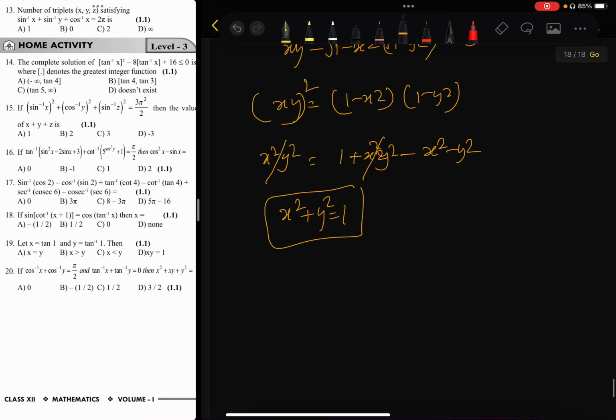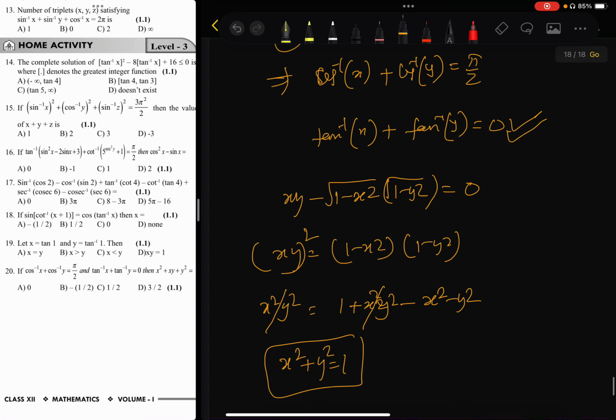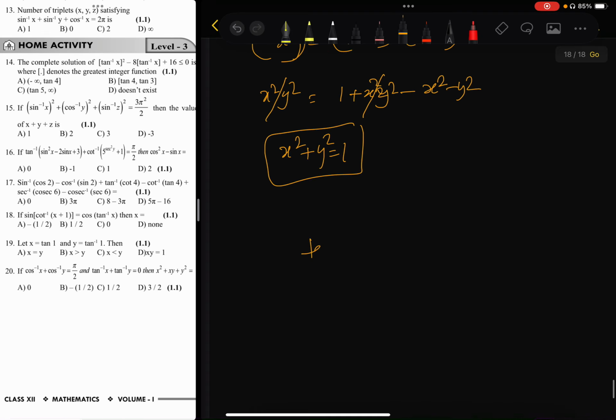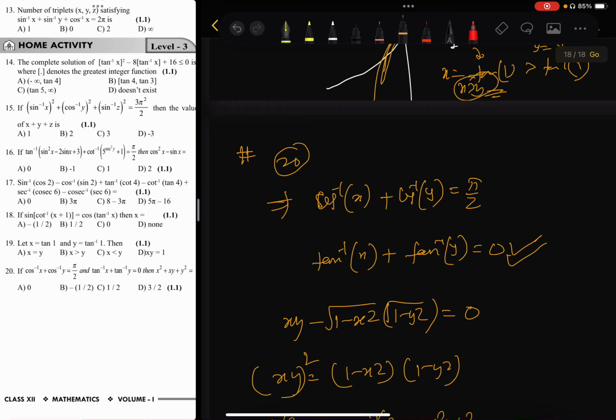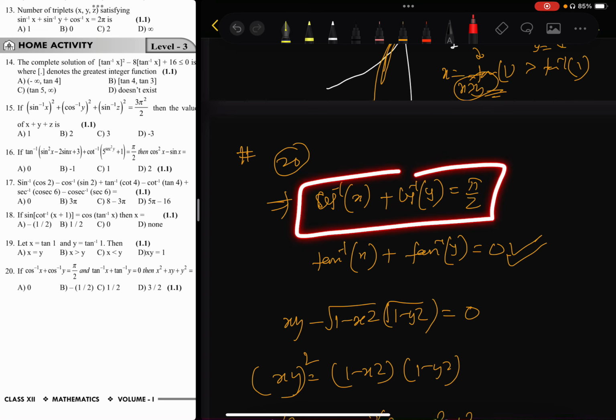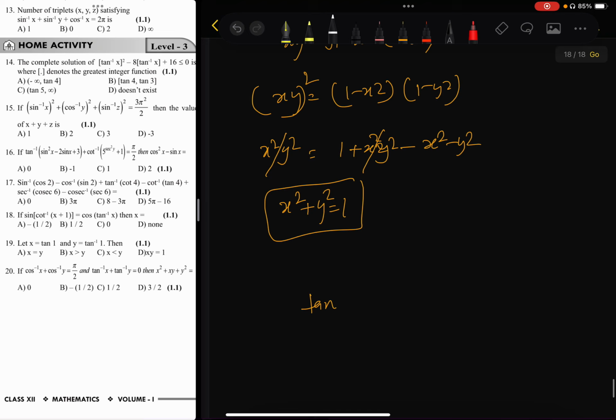Now second equation, take tan both sides. Tan 0 is 0. So after taking tan both sides, we will get x plus y divided by 1 minus xy equals 0.